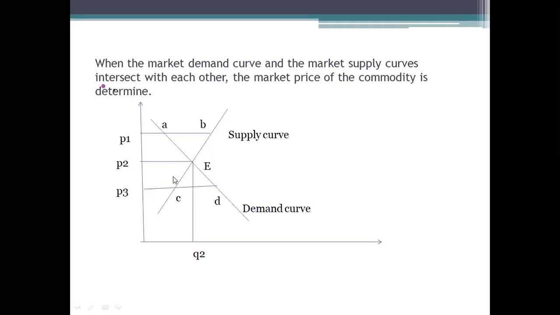So in the diagram you see, at this point demand is less than the amount of supply. On the other hand, at this point, supply is less than the demand. So we can say that it is the only point where demand and supply are equal.